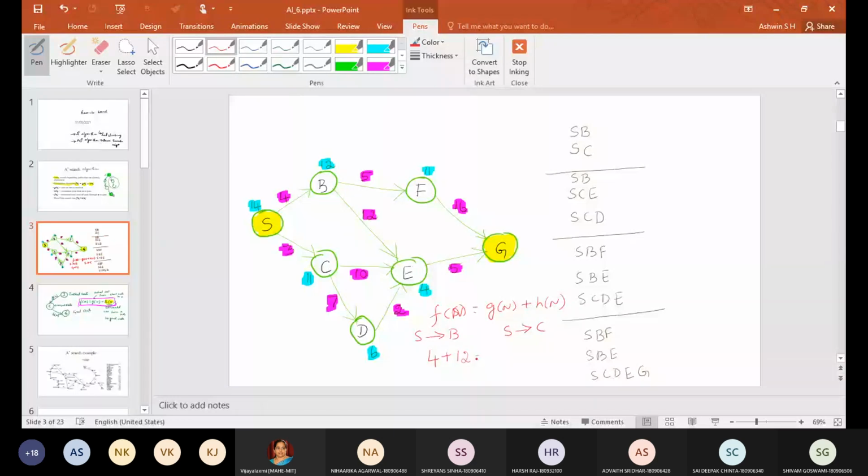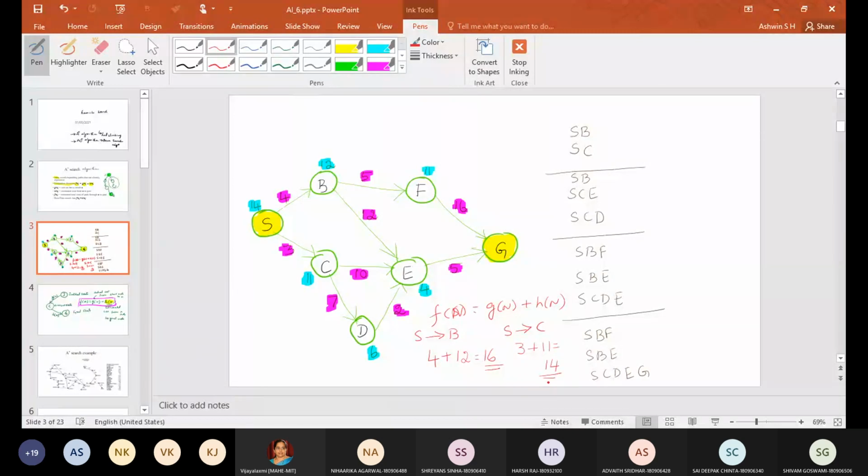So 4 plus 12 is equal to 16. Then S to C is 3 plus the heuristic value associated with C, which is 11. So 3 plus 11 is equal to 14.